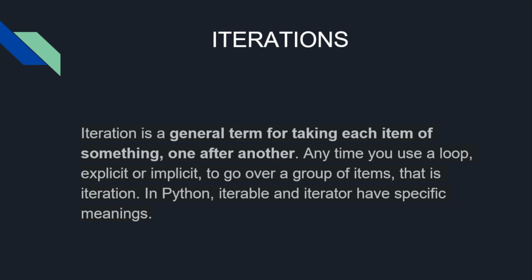So this is how iteration works. I've given you an example without showing any code so that you can imagine it, but I will be showing you some code in the next part. So yeah, this is how iteration works.